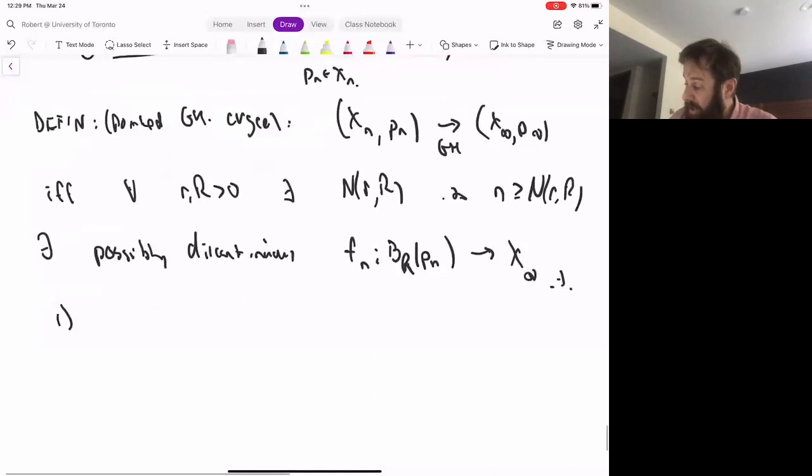First of all, this map should take the distinguished point p_n in the sequence to the distinguished point in the limit. So these maps all take p_n to p_infinity.